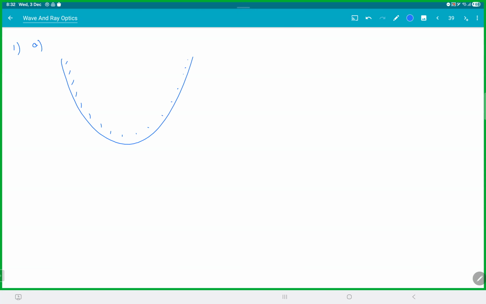Let's say we have a mirror, y is equal to x cubed by 3. The light ray hits the mirror and bounces off like this and makes 120 degrees. Find the coordinates of point P. Just give it a try.